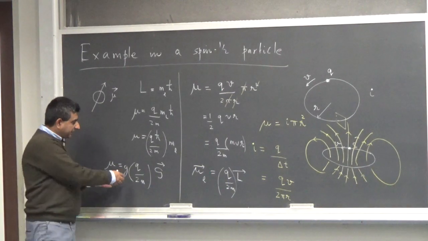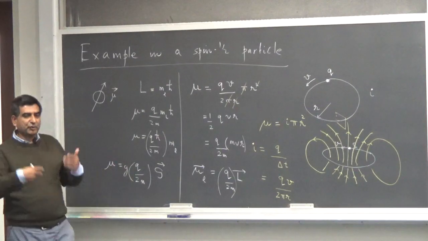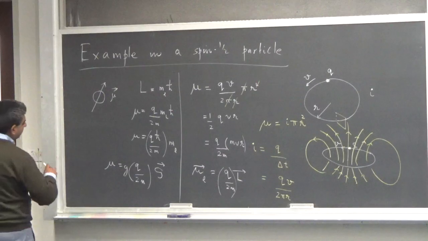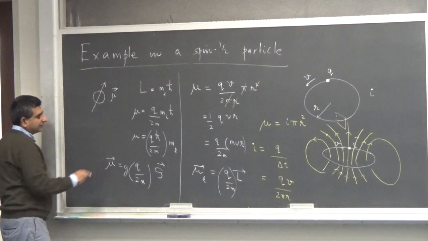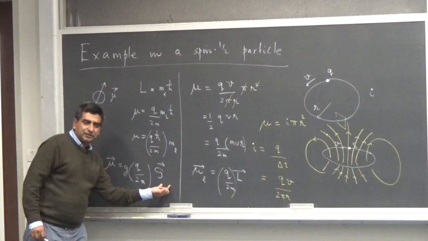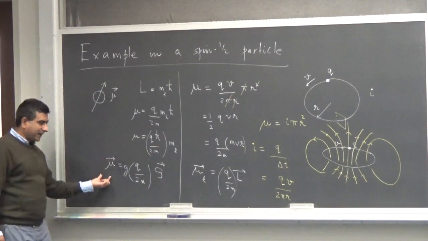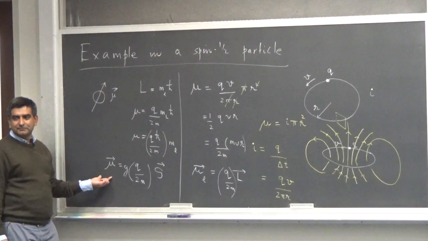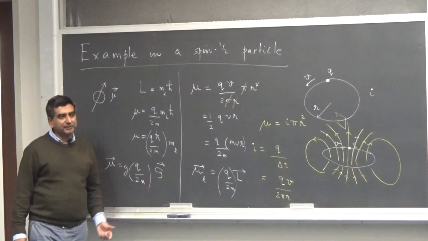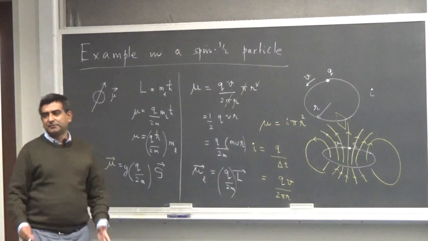You have to multiply this with another constant that comes from atomic physics, which is called the Landé g factor. But that's more atomic physics, so I'm not going to go into the details. But whenever you have spin, you're going to have magnetism. So a magnetic dipole moment always comes with the spin.